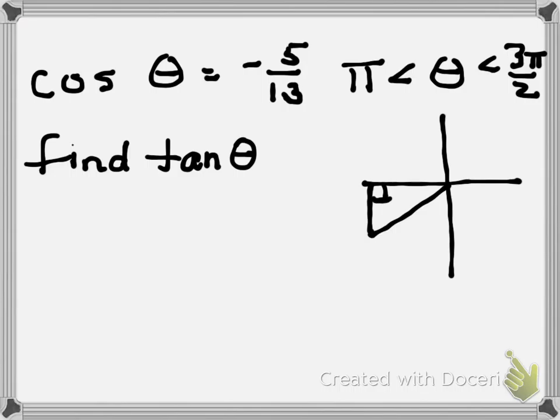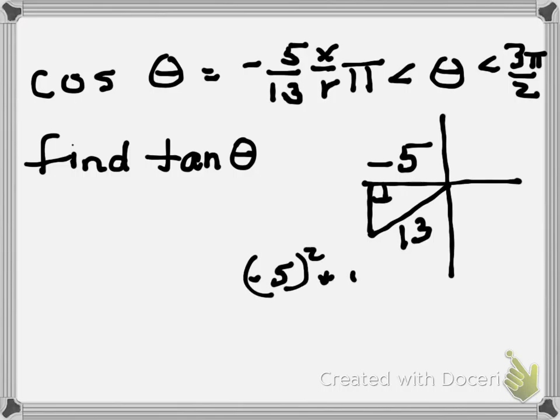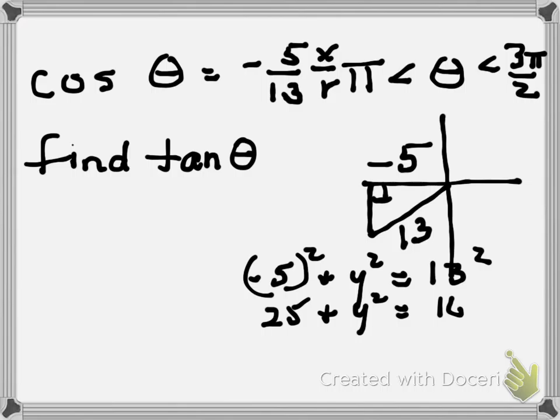And then the cosine being x over r, we have the x value is -5, the radius is 13, and we can use the Pythagorean theorem. -5 squared plus y squared equals 13 squared. 25 plus y squared equals 169. Y squared equals 144. Y is equal to 12.